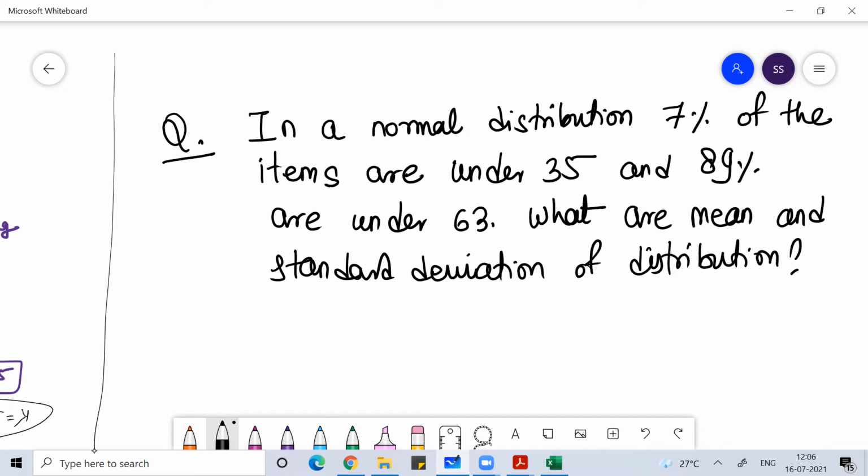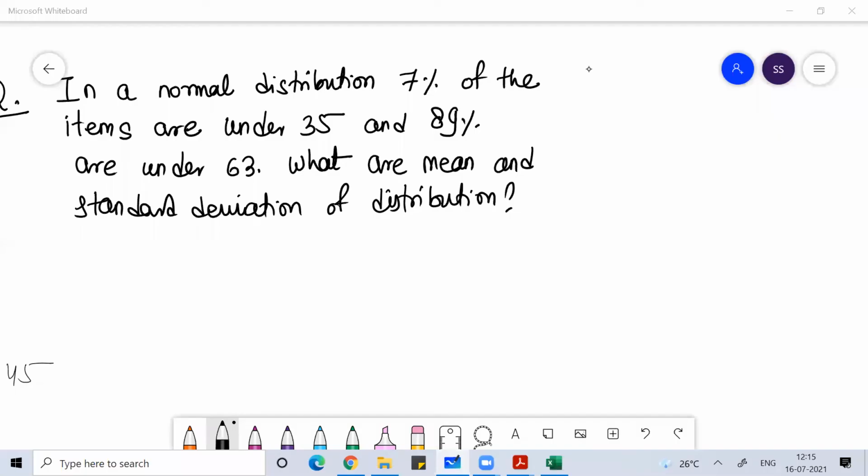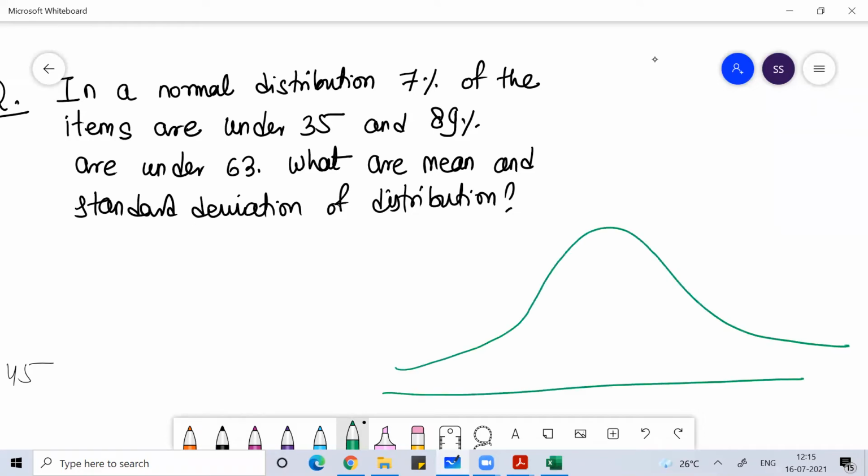Solve this question, everyone. Anyone, any doubt, any question? If you see this, guys, this is a normal distribution curve.